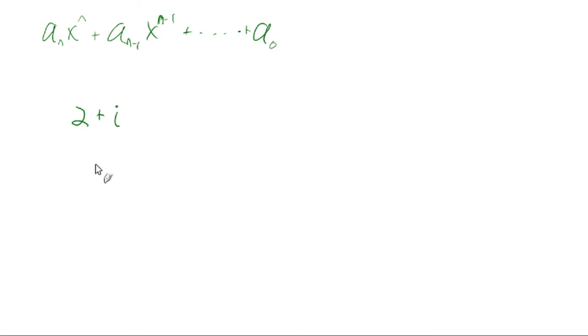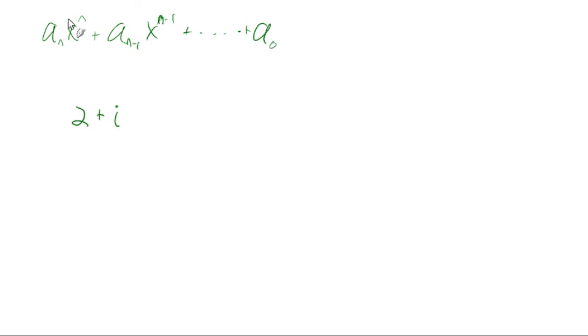You just found that to be true for some reason. It fell out of the sky, or you just had a vision or something. If this is a zero, and all of these coefficients are real numbers, which will always be true for, I don't know, even in my calculus class up through there, I don't think we deal with polynomials that have anything but real coefficients.